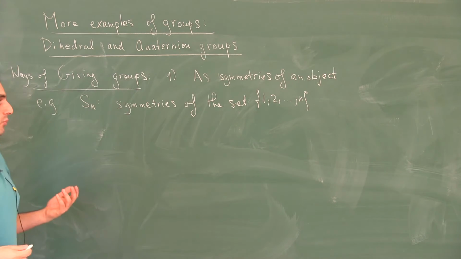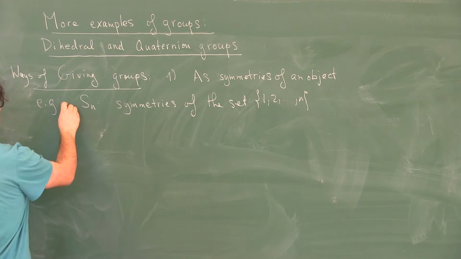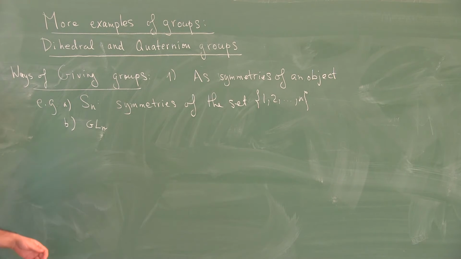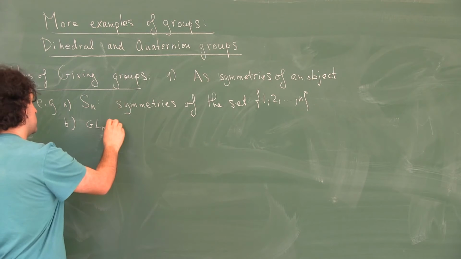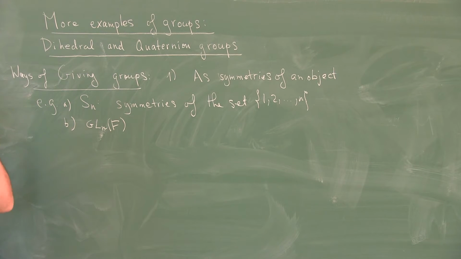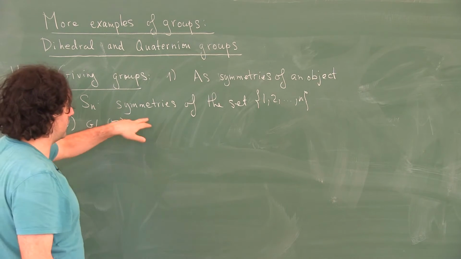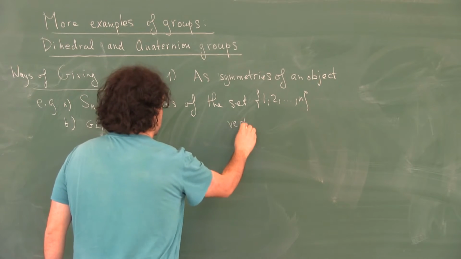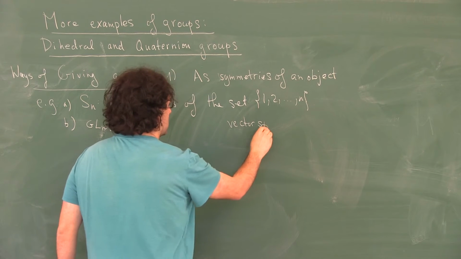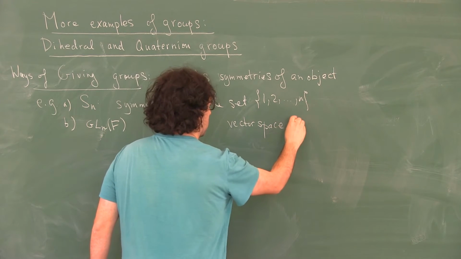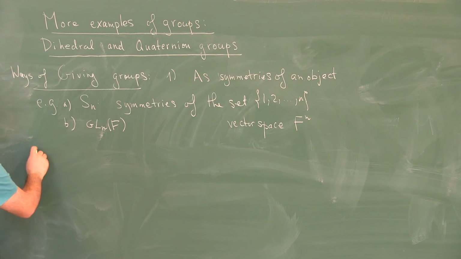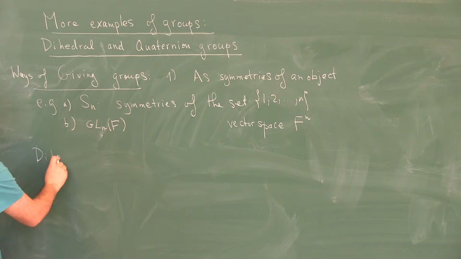Or another example that you have seen, the group GLn(F) of invertible matrices over the field F. This is symmetries of the vector space F to the n.